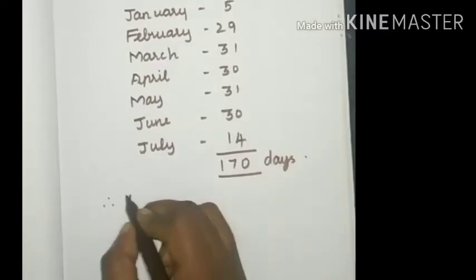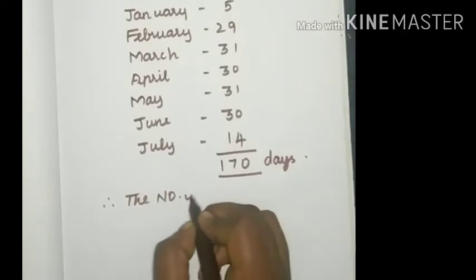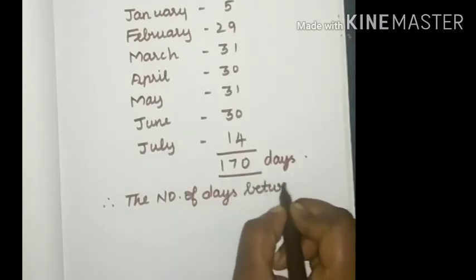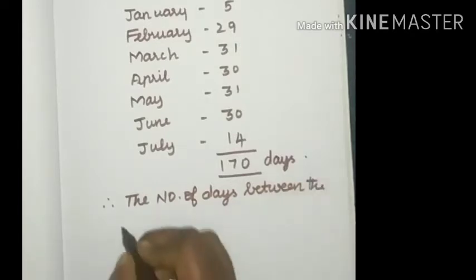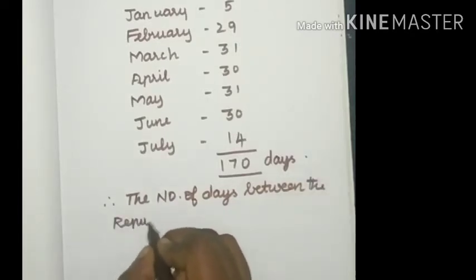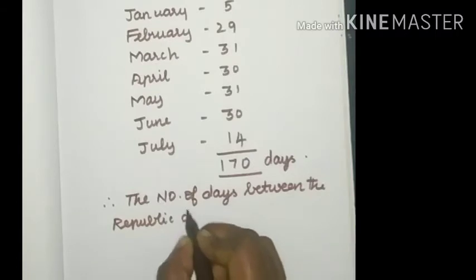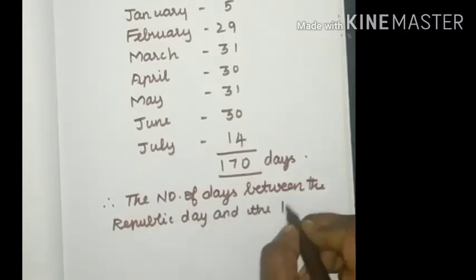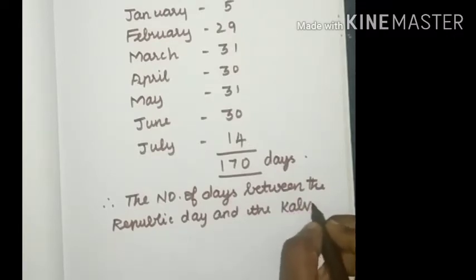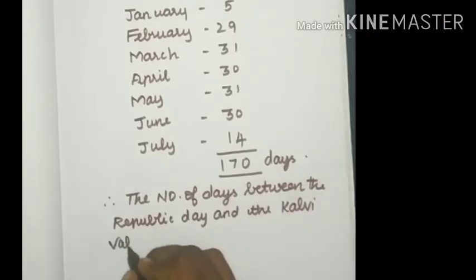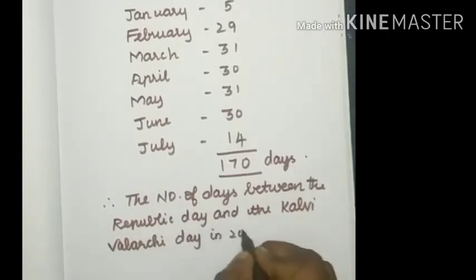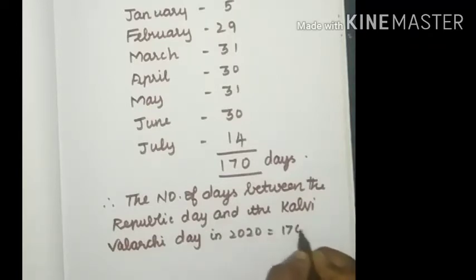Therefore, the number of days between the Republic Day and the Kalvi Valarchi Day in 2020 equal to 170 days.